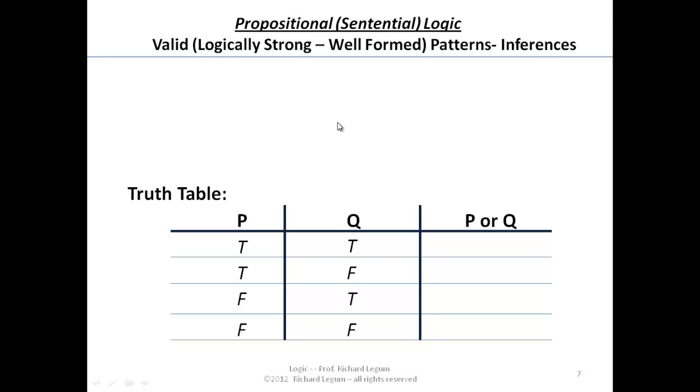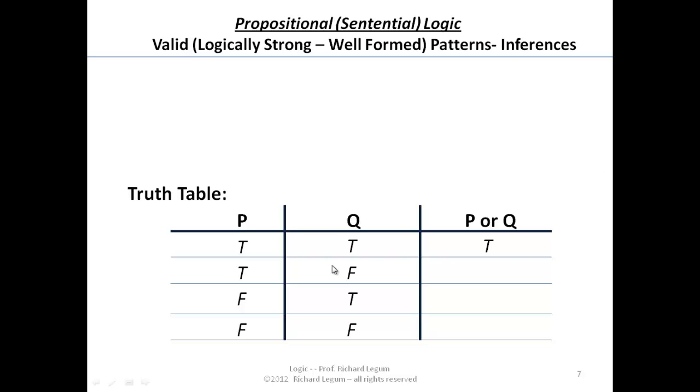Now let's go row by row and figure out what the truth value of P or Q is going to be, based on the truth values of the individual components P and Q. In case they're both true, remember P or Q is true if at least one of them is true, so both of them being true, it has to be true.